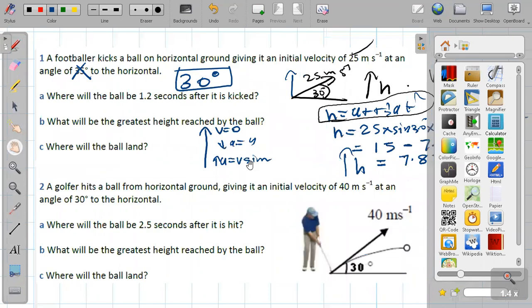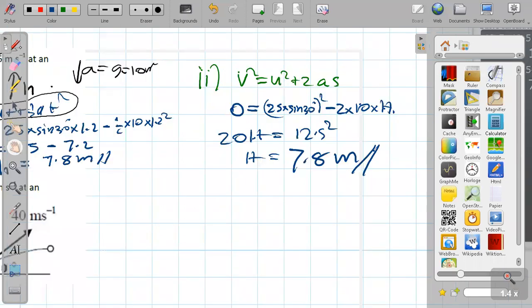Where will the ball land? Where the ball lands means the total displacement. How to find out the total displacement? As I told you, the range is going to be determined by one factor called u cos theta and the total time. You have to find out two parameters.